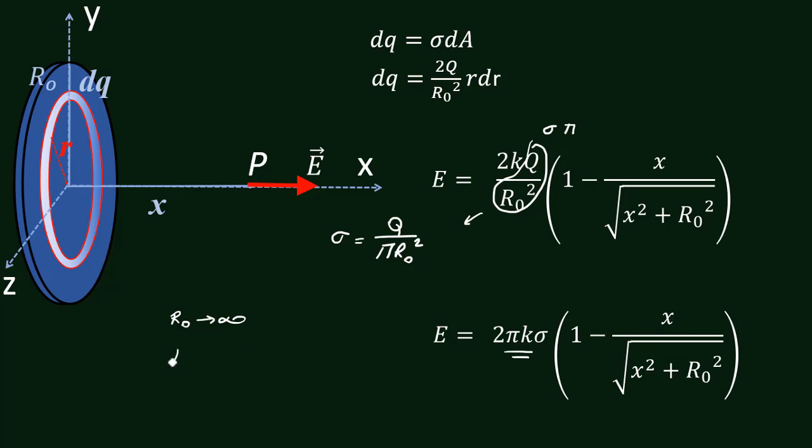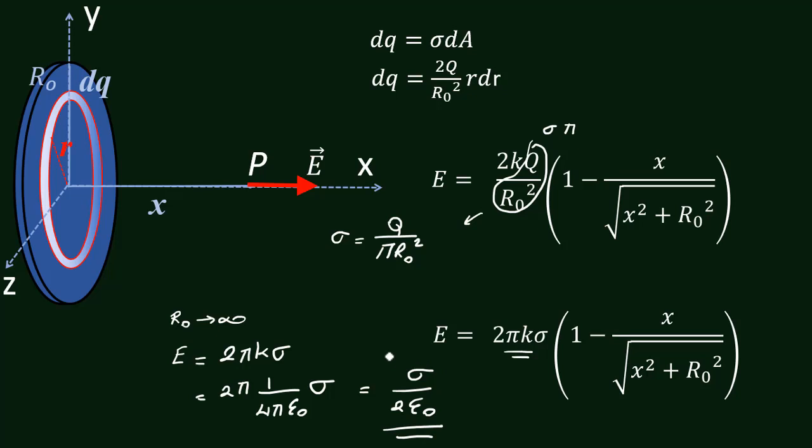Hence, the electric field for an infinitely big disk is going to be 2 pi k sigma, where k is 1 over 4 pi epsilon 0, and hence this 2 pi will cancel with this 4 pi, leaving a 2 in the denominator. So we're going to have sigma over 2 epsilon 0 for the electric field due to an infinitely big disk charge.